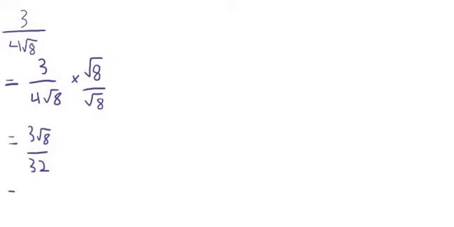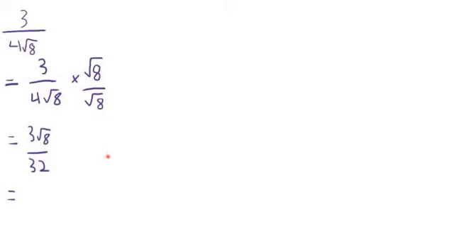But it doesn't stop there, because then we can't divide 3 by 32. The root 8 isn't simplified enough. So root 8 is actually root 4 times root 2. And root 4 is a square number, so it'll be 2 times root 2.